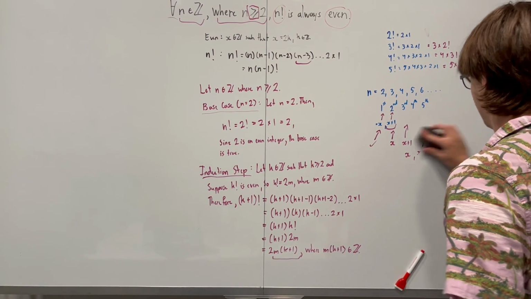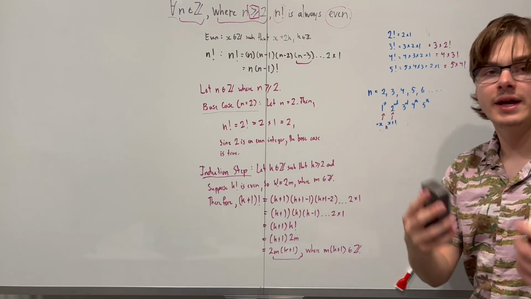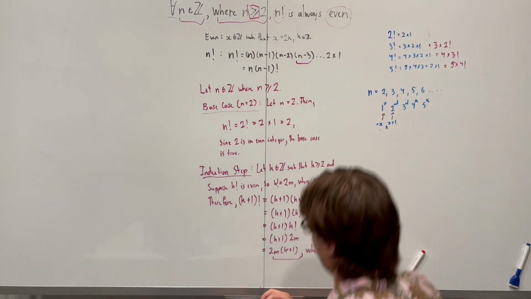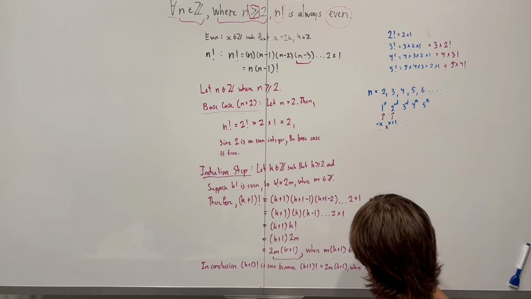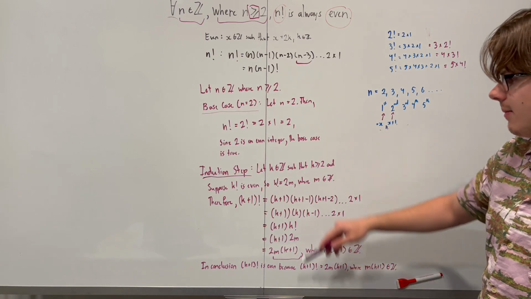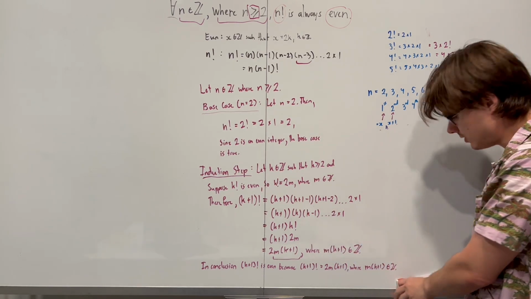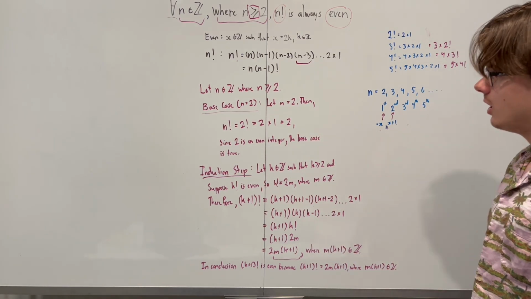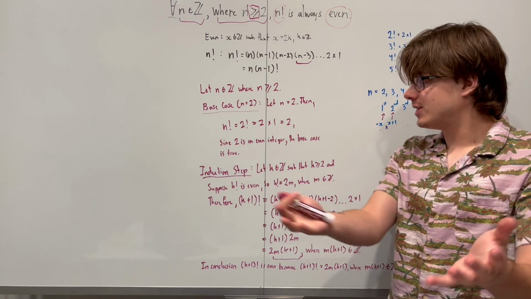Let me just quickly write down the conclusion here at the very bottom. There we go. We can, of course, remind the reader that by definition of even, by definition of factorial, but you really don't need to do that. That's a lot of extra work, and we've basically finished our proof.